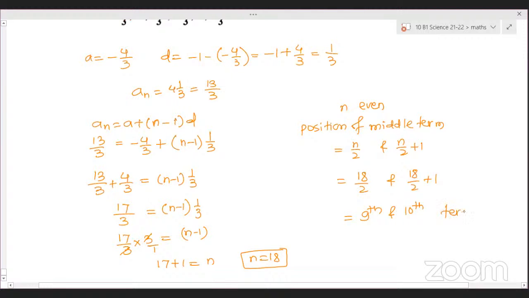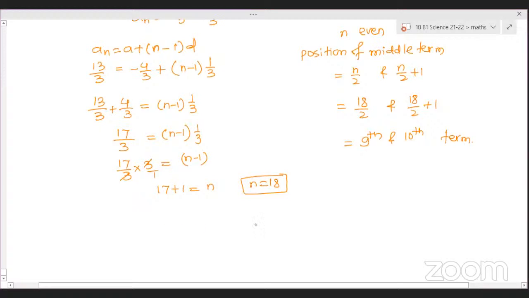So we have to calculate the 9th term, the 10th term, and take the sum of them. So we have to calculate A9. That is A plus 8D, which is minus 4 by 3 plus 8 into 1 by 3. So minus 4 by 3 plus 8 by 3, which is 4 by 3.